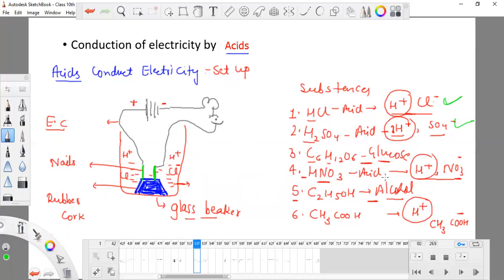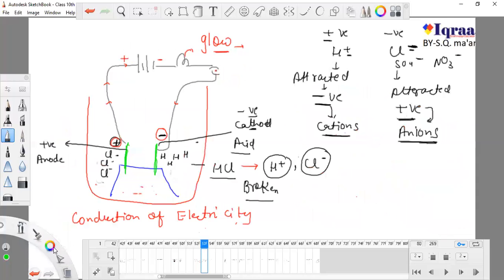Okay, when we are using acids, this is acid, this is acid, this is acid, and this is acid. It will never happen with glucose and alcohol. Suppose I add glucose, and if I add alcohol in this solution, definitely they are not going to break down into their ions.